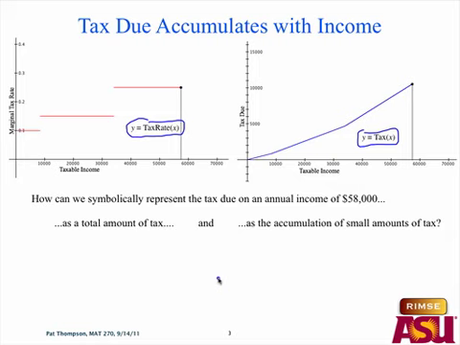Jacob, any idea? Well, you have to make the tax function similar to the ones you did the other day. Like this one? Yeah. Or we already got it. So I just want to use it to represent how much tax would be due for $58,000. So how do we represent?